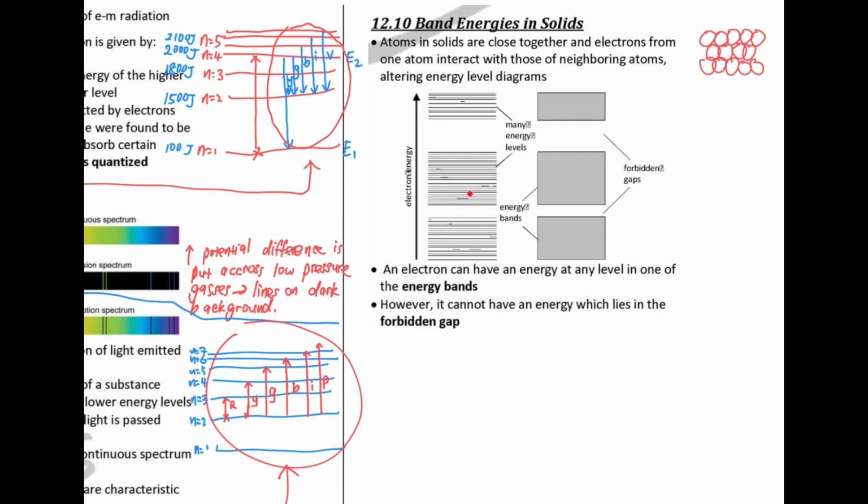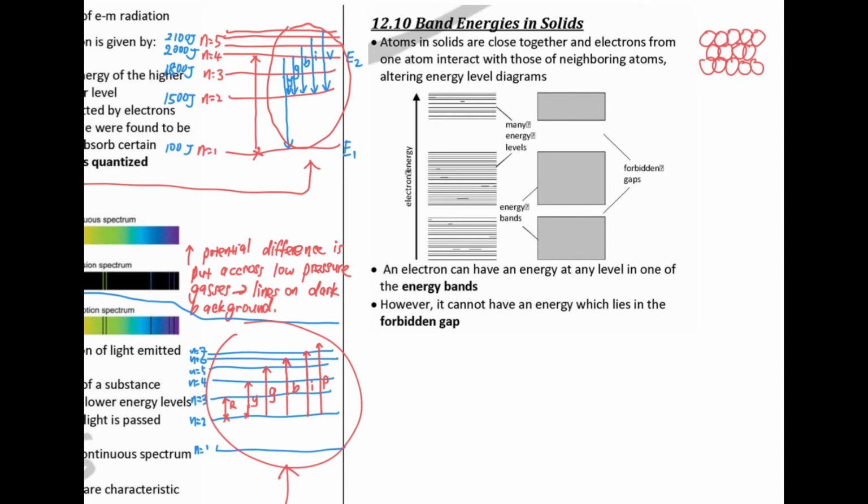Then this is also a band. We have a particular gap here, which is called the forbidden gap. It is where this place has no energy level. So you can see 3 energy bands altogether and 2 forbidden gaps.